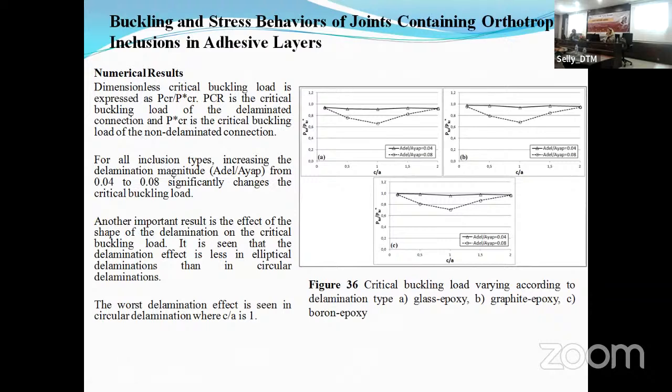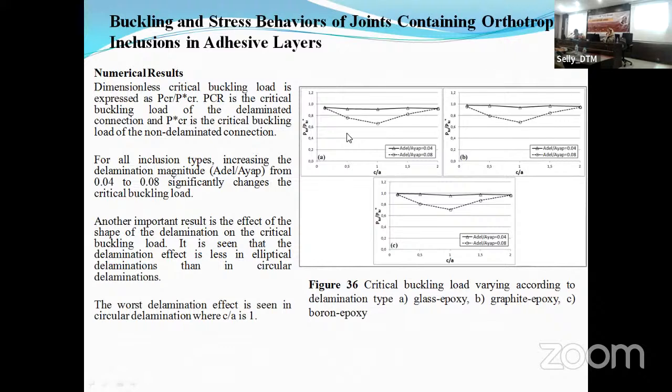One of them has delamination, the other is non-delamination. And we consider the delamination magnitude, 0.04 and 0.08.